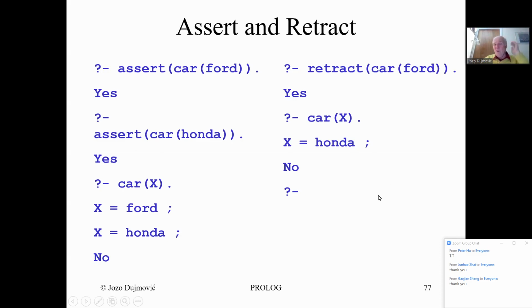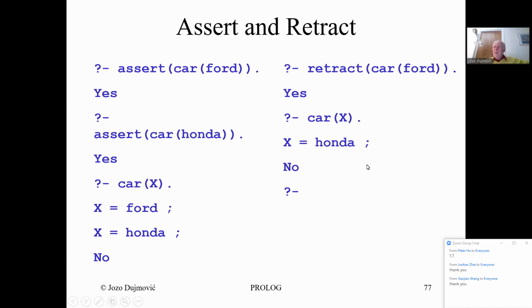And for learning at the beginning how to put things in the database and how to retract them, use assert or asserta and assertz. Asserta will put Ford at the top of the car group, and assertz will put a car at the bottom of the car group.